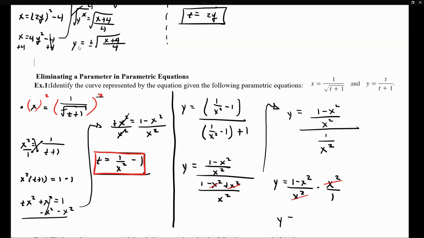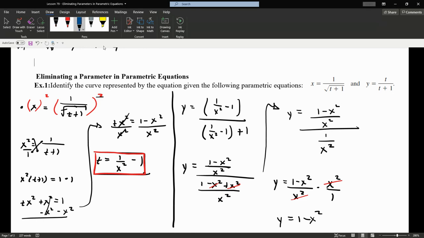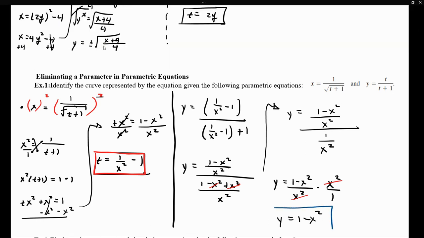And now we have an expression for y, 1 minus x squared. So what we're saying so far is that this equation that we have just gotten should have the same path as the parametric equations that we were just given. So if I were to graph 1 minus x squared, that should be the same path as if I were to graph the parametric equations. Well, let's see if that is true.